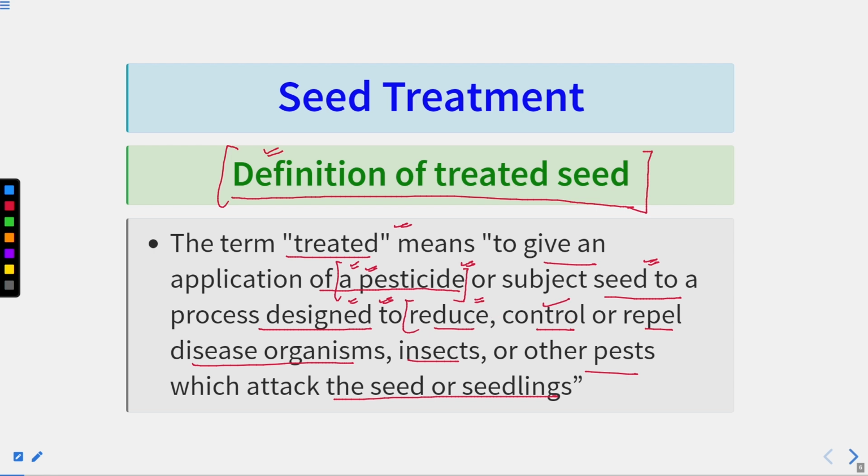And it can control or repel the disease organisms, because in the presence of these pesticides, the disease pathogen, meaning the fungi or the insects or the bacteria present in the seed, will die. Insects or other pests which attack the seeds or seedlings will be eradicated. So this is the meaning of the treatment, and that is why we treat the seed before sowing it in the ground, in the soil.